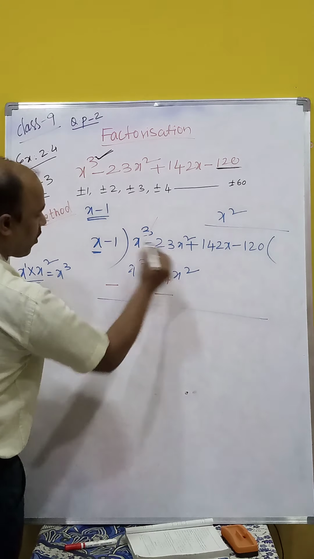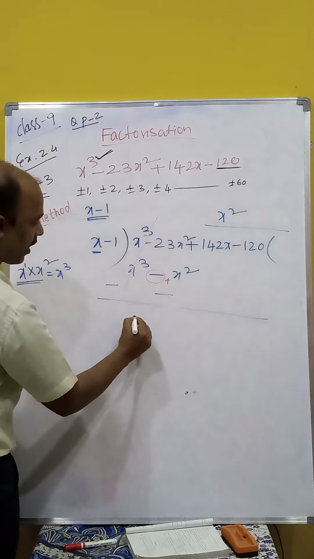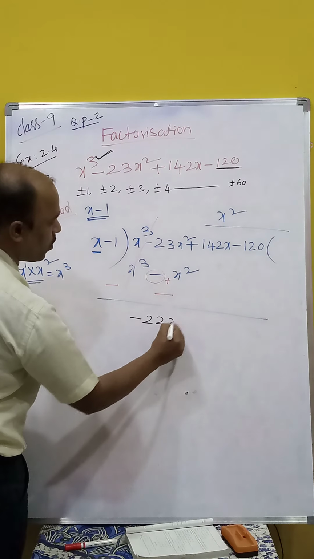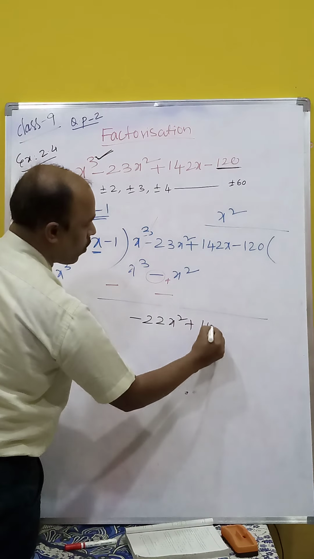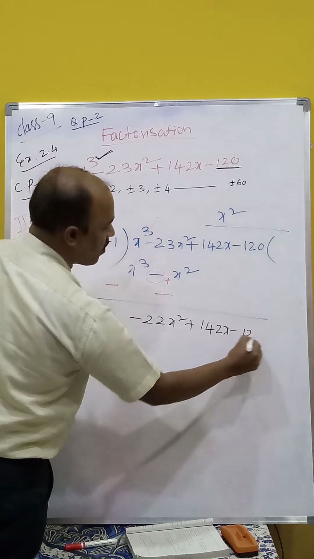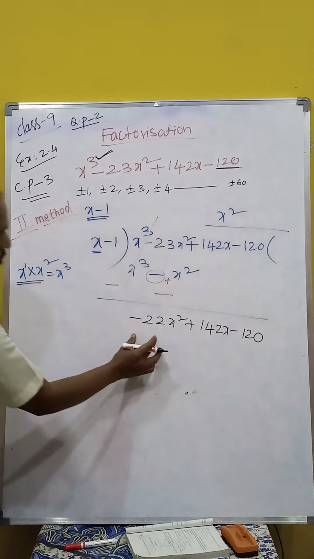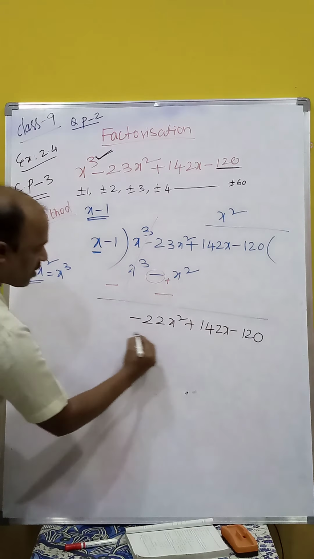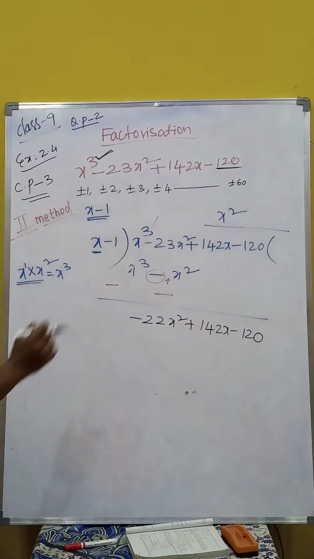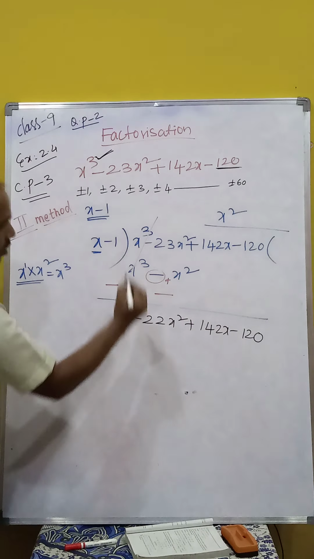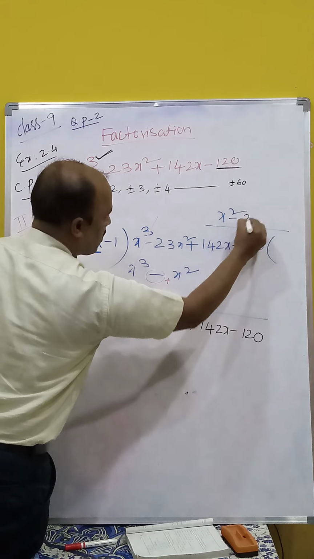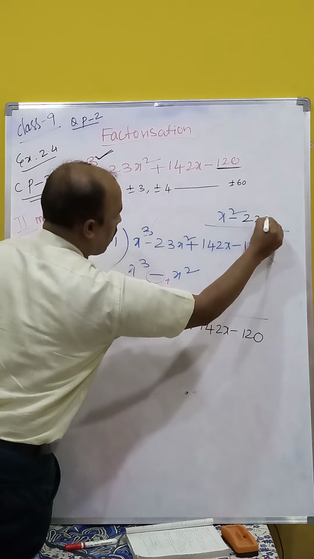Plus x square minus 23x square, it's minus 22x square. The remaining is the same, 142x minus 120. Now what is in the remainder place? The first term is minus 22x square. We have only x, so now minus 22. In the quotient place, minus 22x.